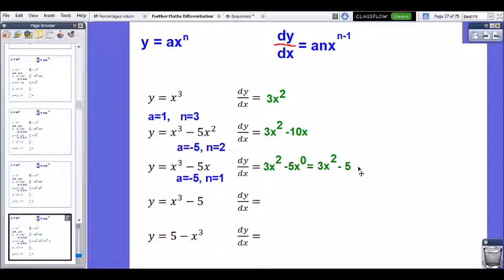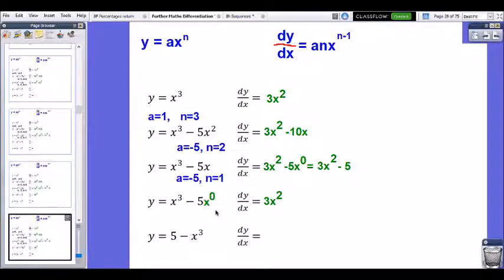Right, let's try a couple more. Again, we've done the x cubed part, differentiating x cubed, we get 3x squared. And then how would we differentiate just a numerical value? Well, really, there is an x here. It's minus 5x to the power of 0. If I wanted to write this with an x there, I'd put it as x to the power of 0, because anything to the power of 0 is 1.